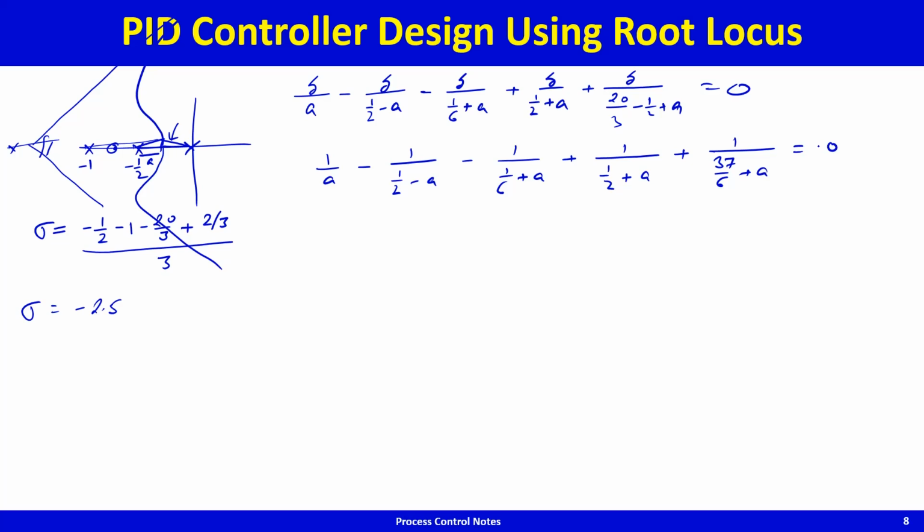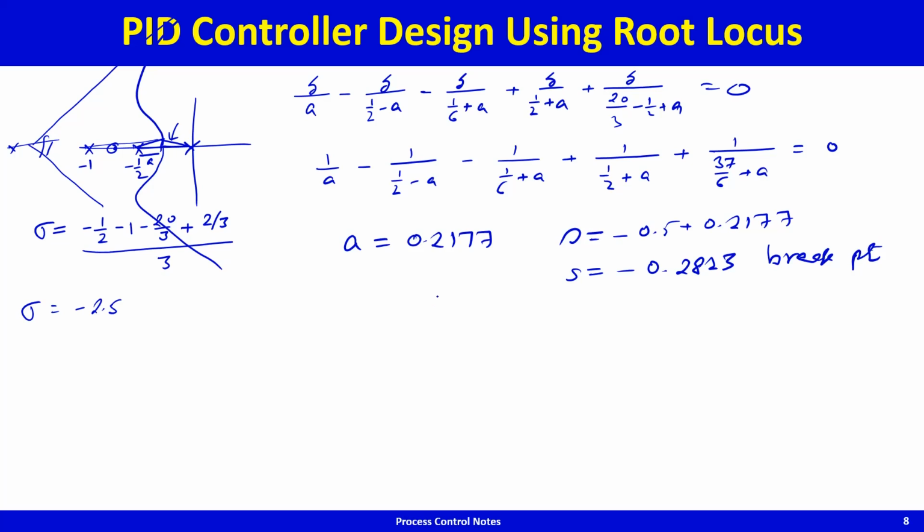This should be equal to 0. Solve iteratively for A and you get A equal to 0.2177, which gives S equal to minus 0.5 plus 0.2177 as the breakpoint, and that's actually minus 0.2823. This is the breakpoint.